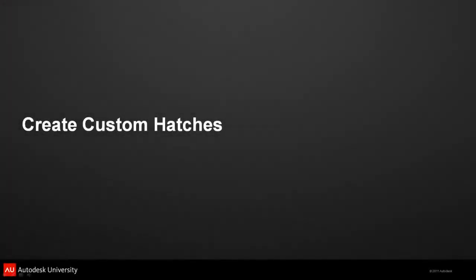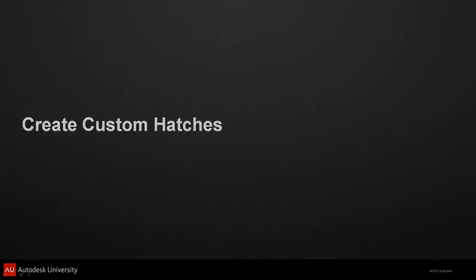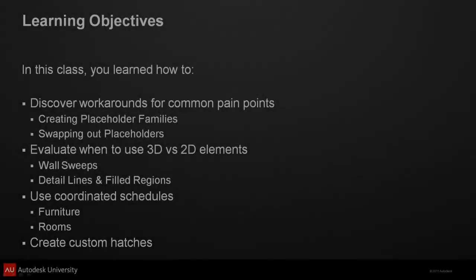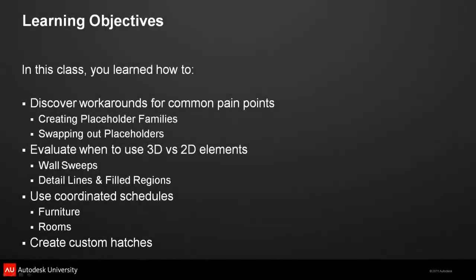In this section, you learned how to create custom hatch patterns, otherwise known as filled regions and fill patterns, in Revit Architecture. In this class, you learned how to discover workarounds for common pain points by creating placeholder families and also how to swap out those placeholder families.